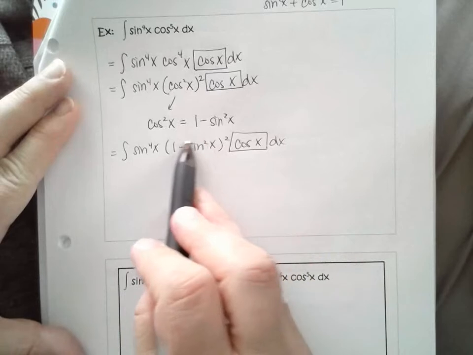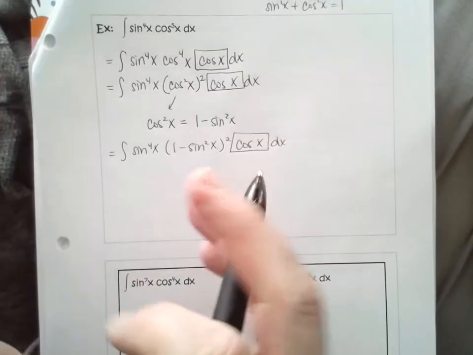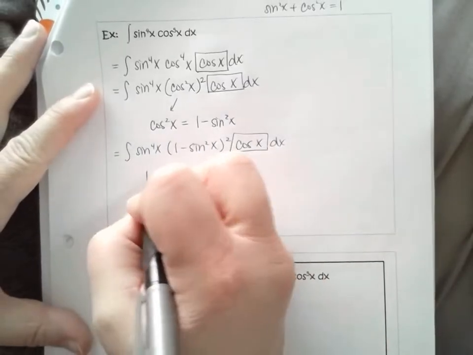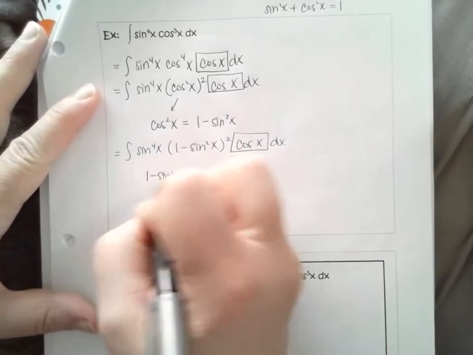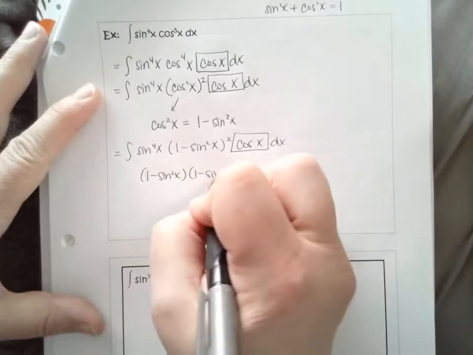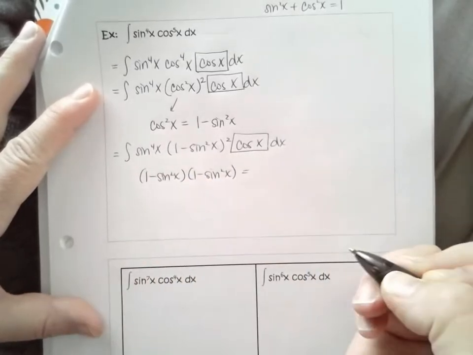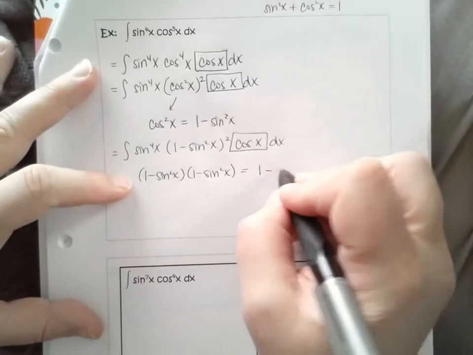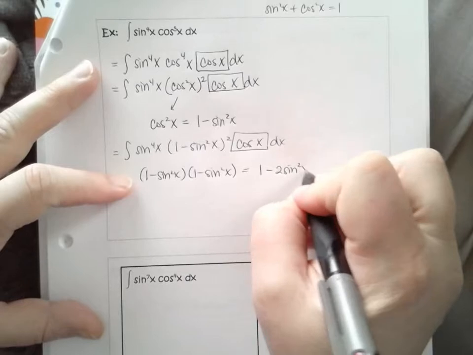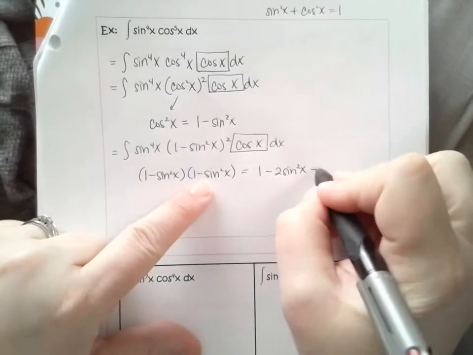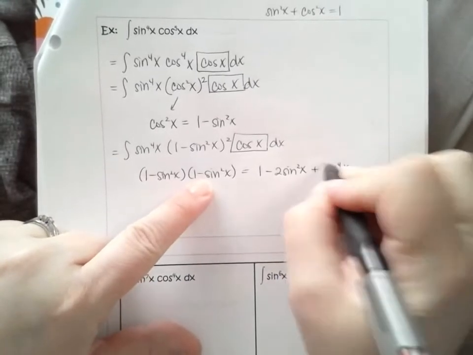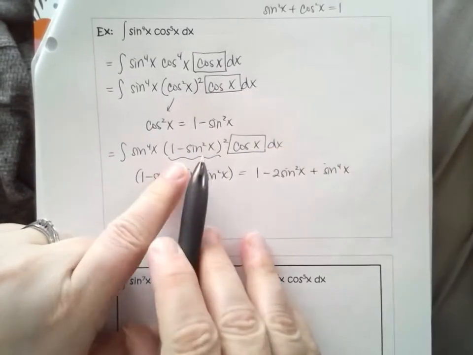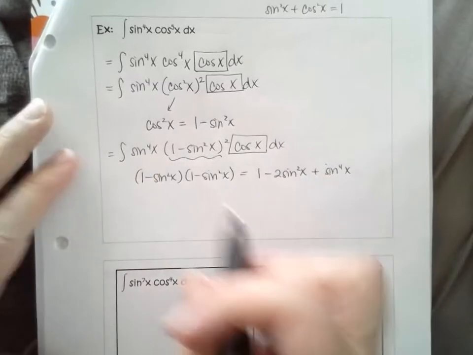So I'm going to expand this and get it to be, I say polynomial, but what do I get when I have 1 minus sine squared x times itself? Well, that's going to give me 1 minus a double sine squared x. And then when I multiply these together, I get a positive sine to the 4th. All right, so this portion right here can now be replaced with what I just expanded it to be.